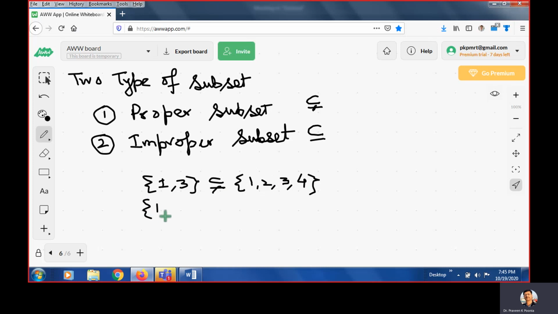But if I write {1, 2, 3, 4}, then it will be equal because we have the same elements on both sides. Here also 1, 2, 3, and here also 1, 2, 3. So this is called improper.